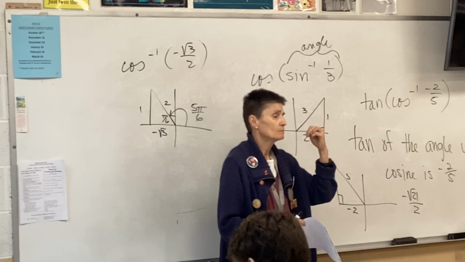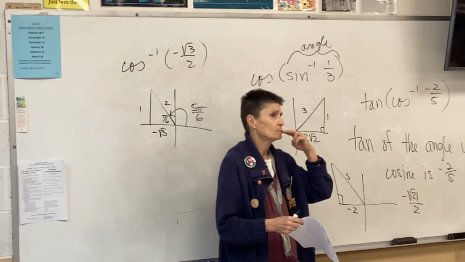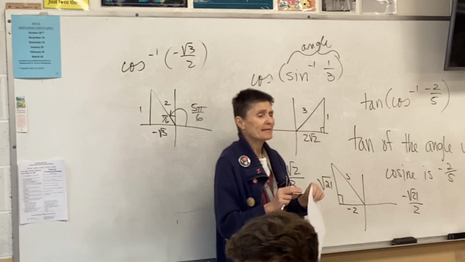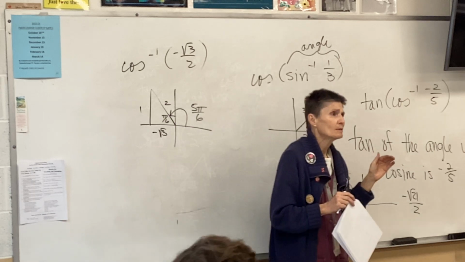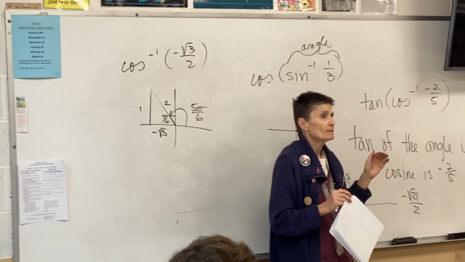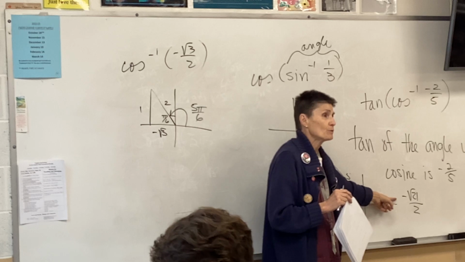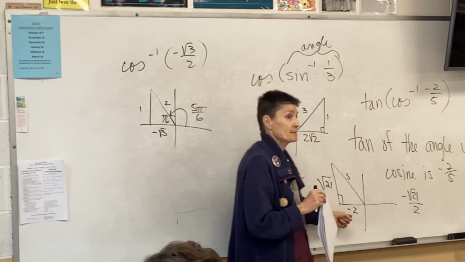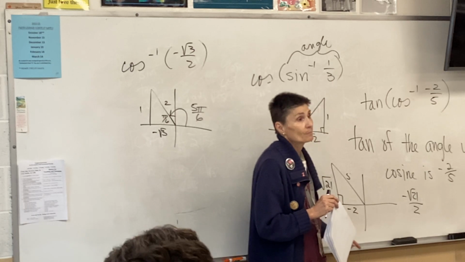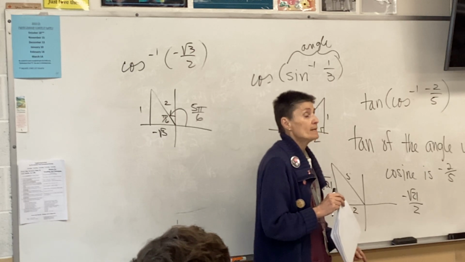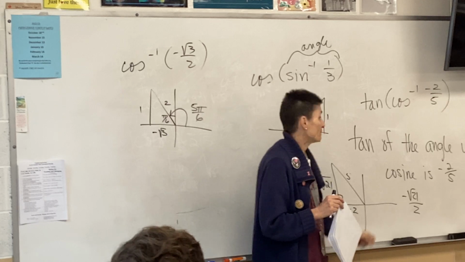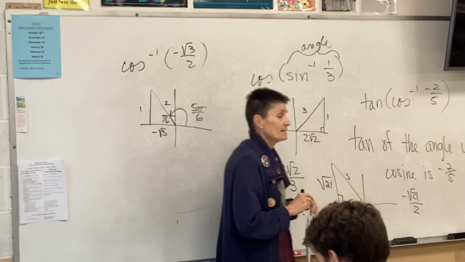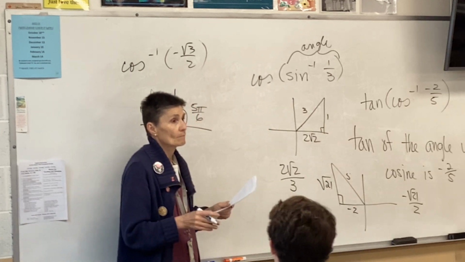Well, this is like that, but instead it's cosine. -√21/2. That's the tangent. You're finding the tangent, and the tangent is opposite over adjacent. No, inverse tangent can't be, but this doesn't say inverse tangent. This says tangent. I can find a tangent anywhere.